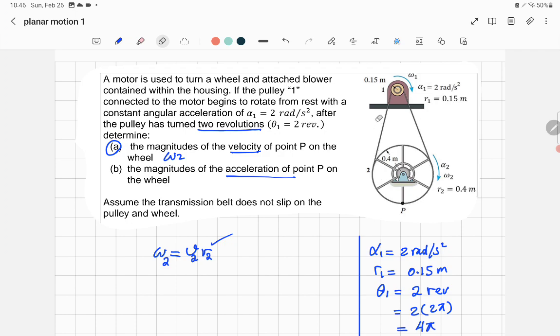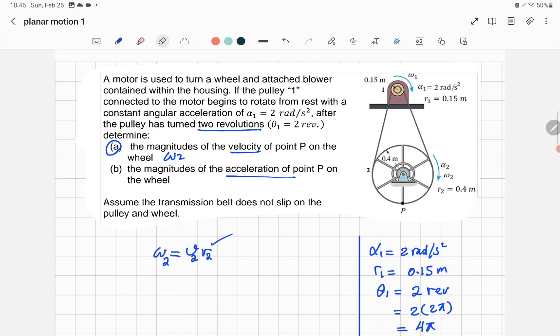It depends on the type of transmission. For example, in this example, the transmission belt does not slip. When it does not slip, it means that all the motion characteristics in the pulley will be transferred to the wheel through this belt.